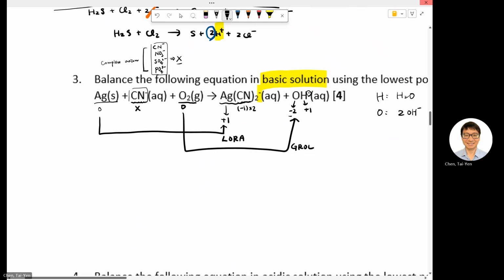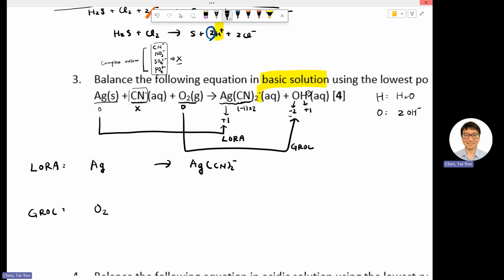So with that being said, we can write out your LoRa: Ag becoming Ag(CN)2 minus. Your G-rock will be O2 becoming OH minus. So this concludes the first step.